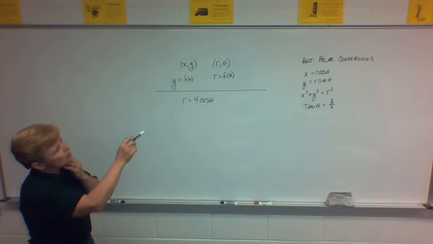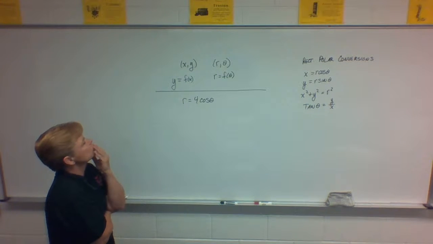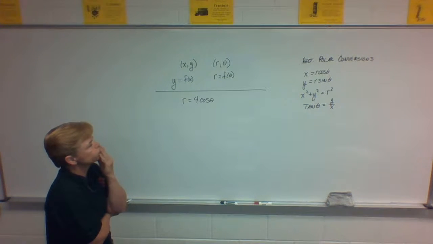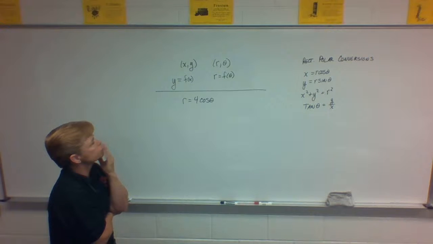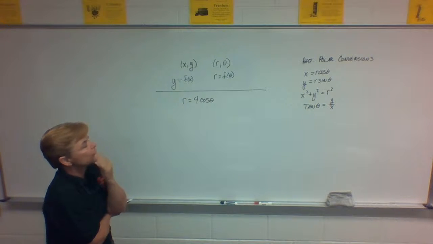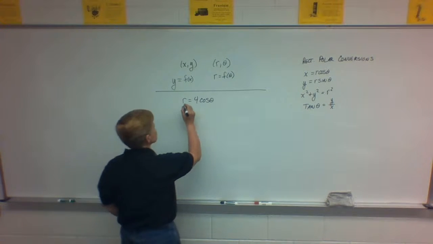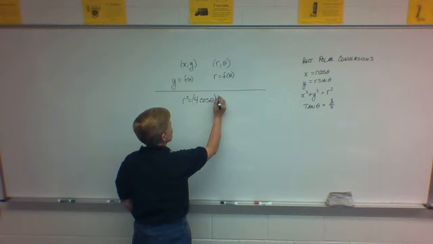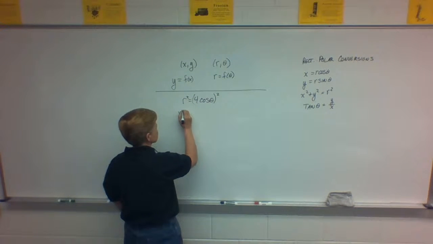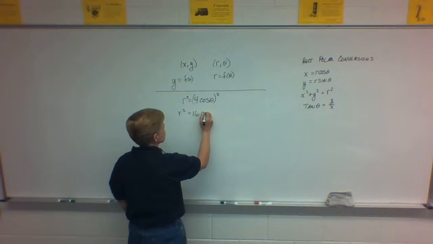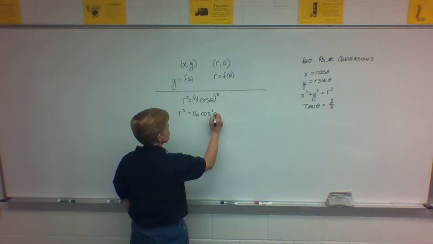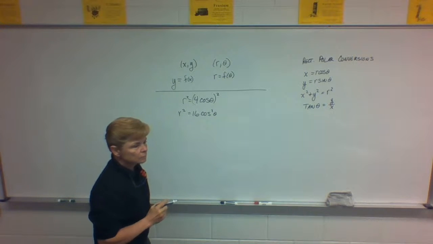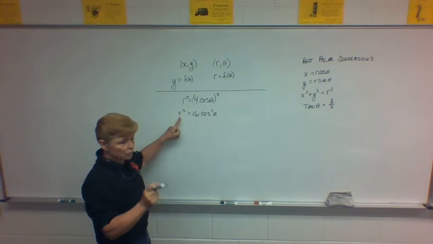So you look over there at your conversions. Could square both sides. Why would I want to do that? Then you can make an x squared plus y squared. You have a cosine squared theta, because now we can replace this with what you just said.